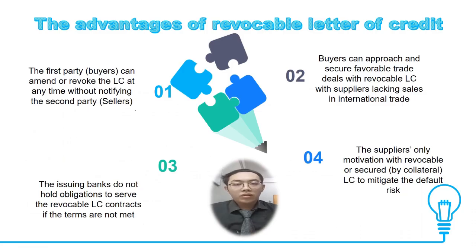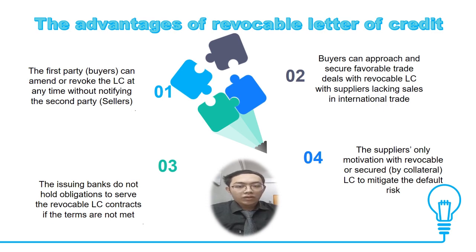Okay, for the advantages of revocable letter of credit, first, the first party, who is the buyer, can amend or revoke the LC at any time without notifying the second party, who is the seller. And the second advantage is the buyer can approach and secure a favorable trade deal with a revocable LC with a supplier lacking sales in international trade.